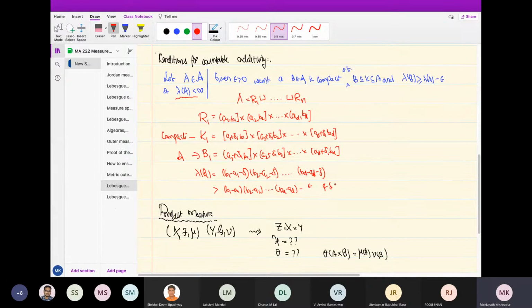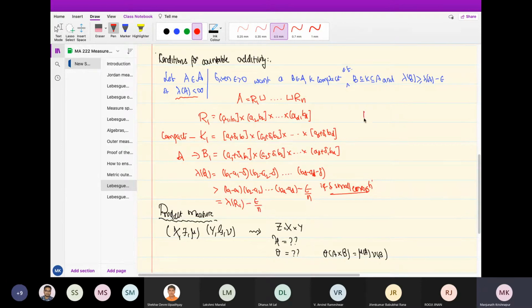Is the first close to it if delta is small? I don't need to figure out how small I need to make delta. It is clear that as delta goes down to 0, this approaches this. So if delta is small, then this is bigger than this minus an epsilon. If you want, make it smaller than epsilon by n, which is the same as lambda of R1 minus epsilon by n.